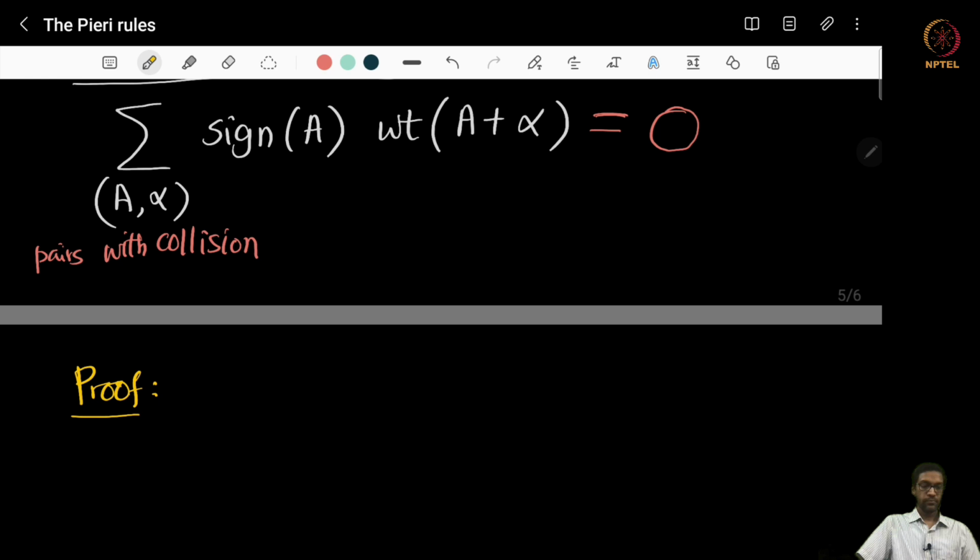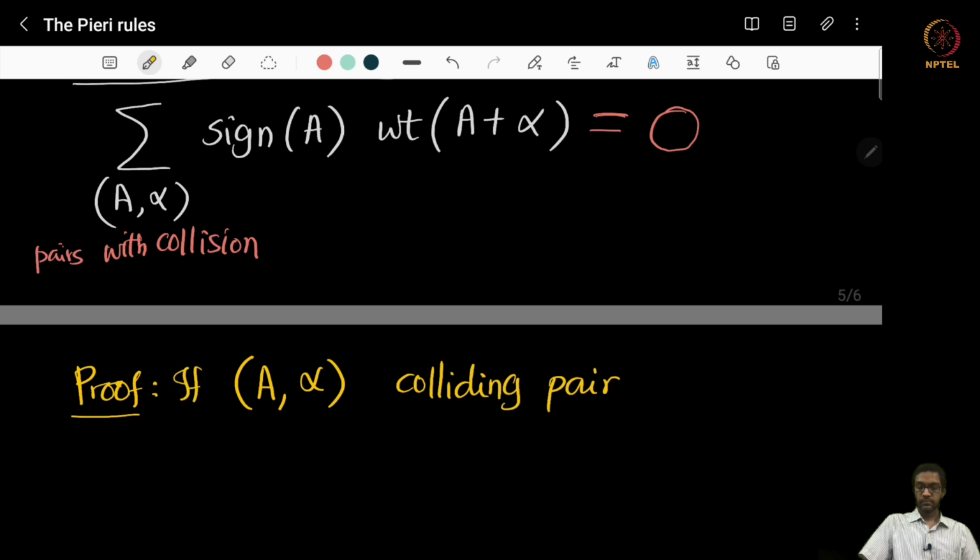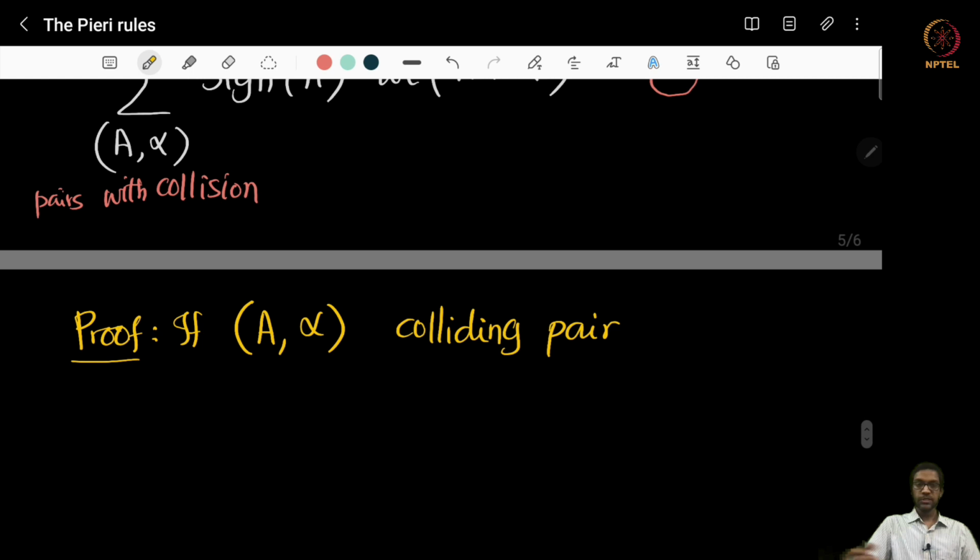The proof of this beautiful observation is the following. If I give you a colliding pair, so suppose A, alpha is a colliding pair, then we can use this to manufacture another colliding pair.